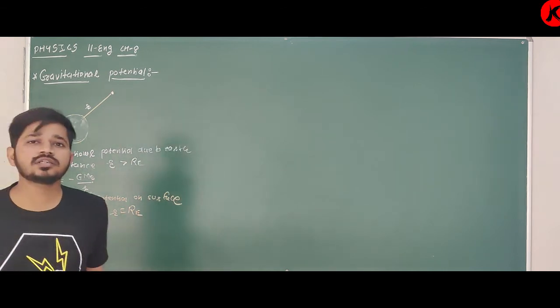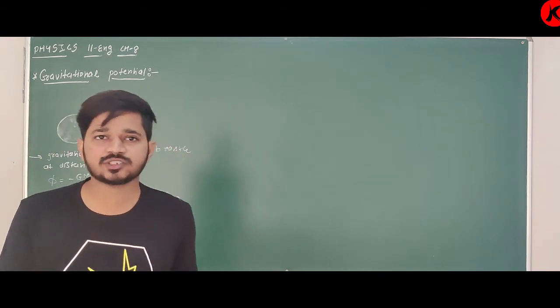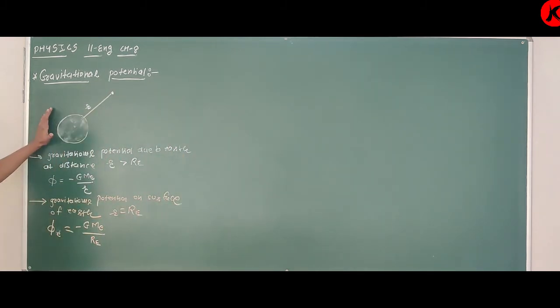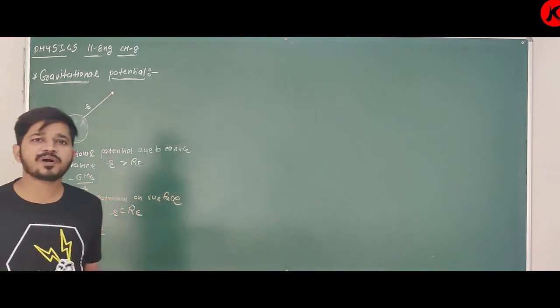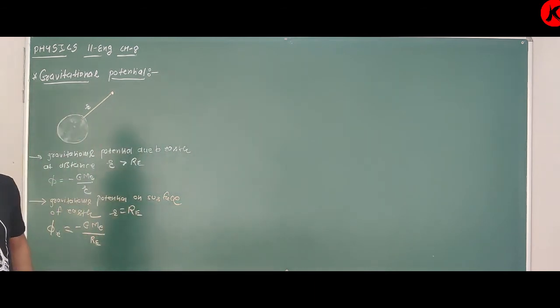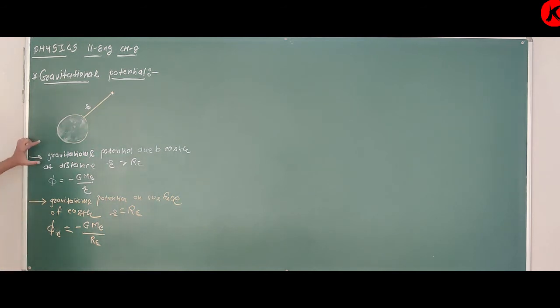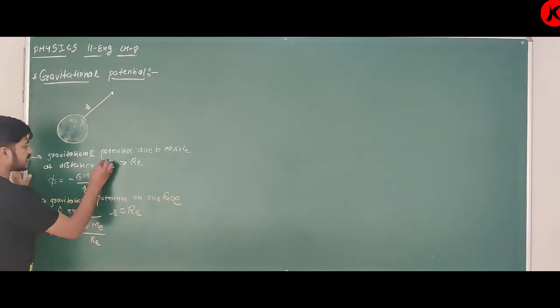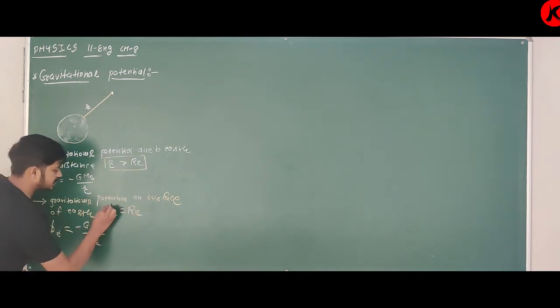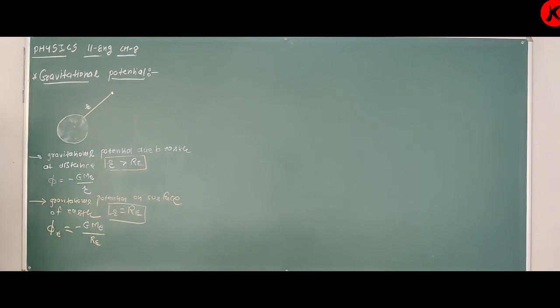Inside Earth, it is not given in your textbook, so you do not have to remember. For JEE and NEET part, we will see in the lecture of JEE and NEET.